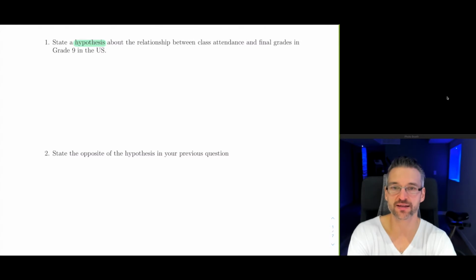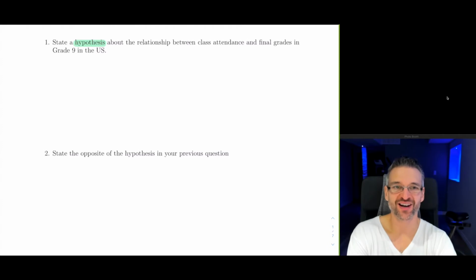So in this case, if you're going to state a relationship between class attendance and final grades, sometimes what I would see students do is say that students that attend the classes the most have the highest marks.